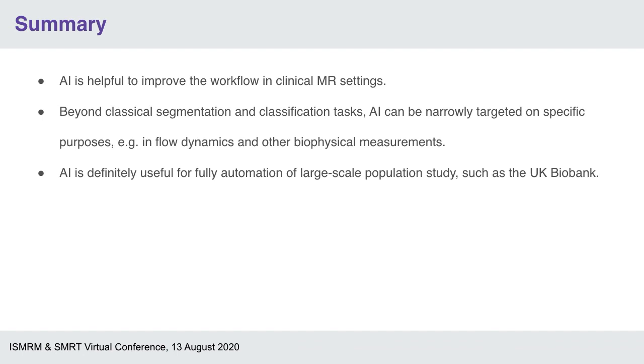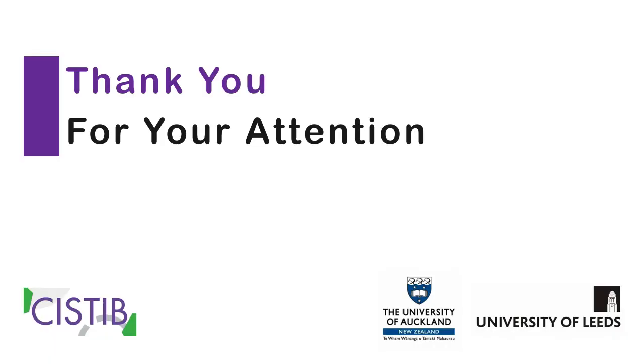Many of them are classical segmentation and classification tasks, but beyond those tasks, AI can actually be used for some targeted purposes, for instance, in the flow dynamics that we've seen in this presentation, or in other biophysical measurements. Also, AI is definitely useful for full automation in large-scale population studies such as the UK Biobank. Okay, and thank you for your attention.